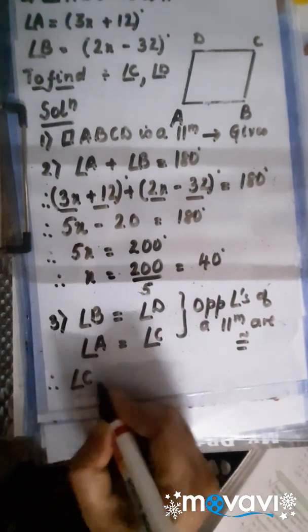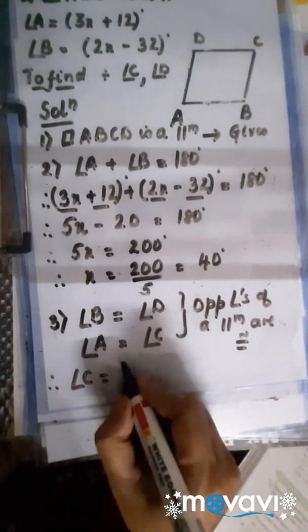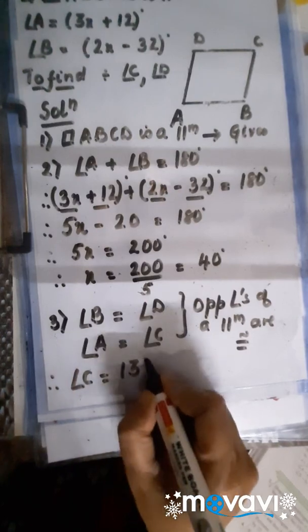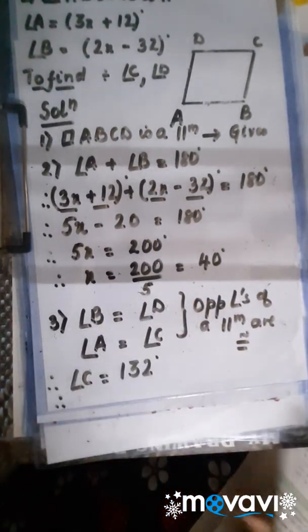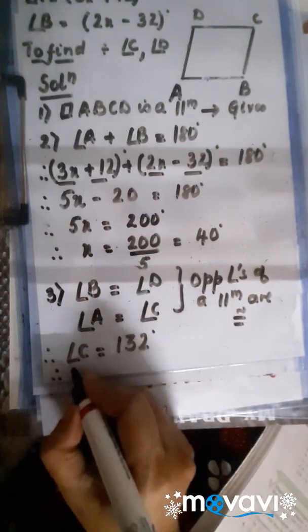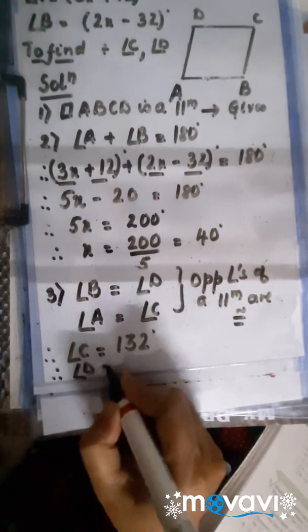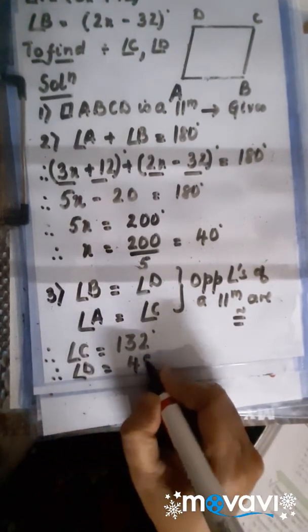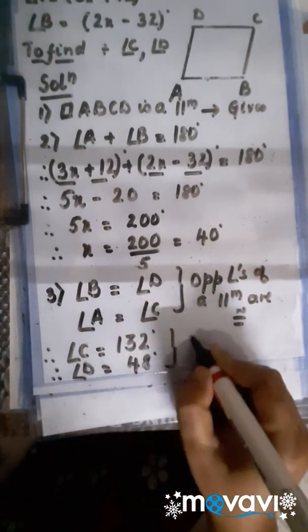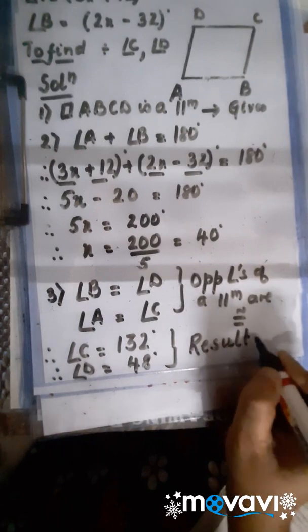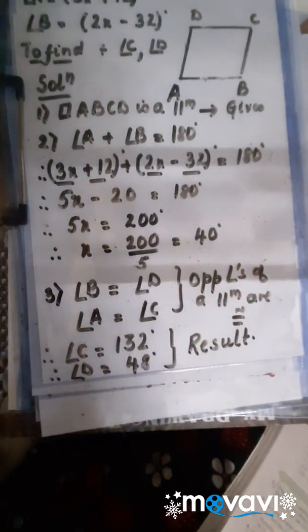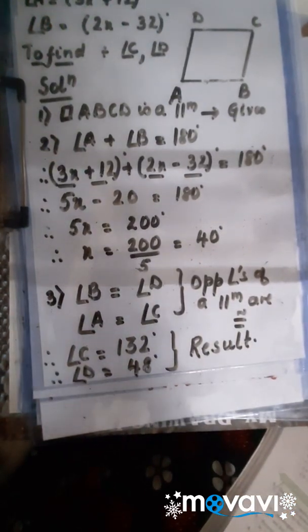Therefore, angle C is equal to 132, since we got A as 132, and angle D is equal to 48, right? This is my result. Is that clear? So this sum is also very clear and it is understood.